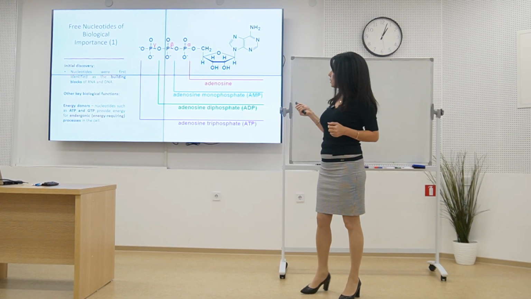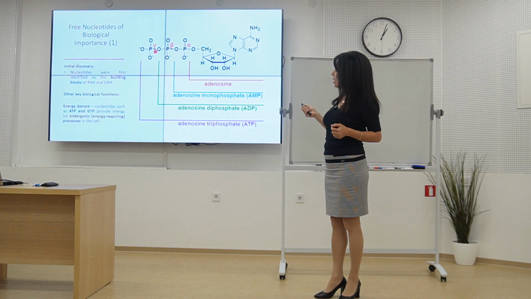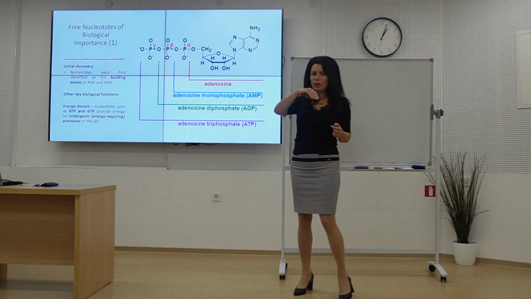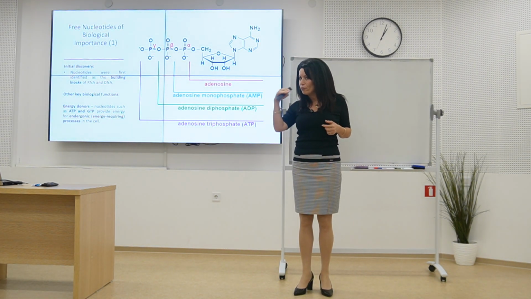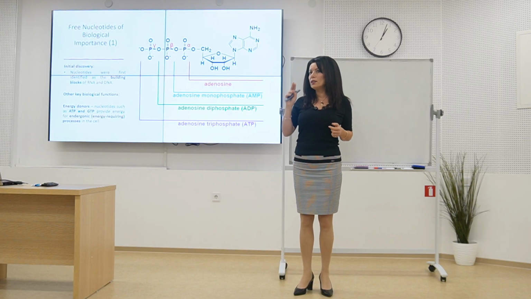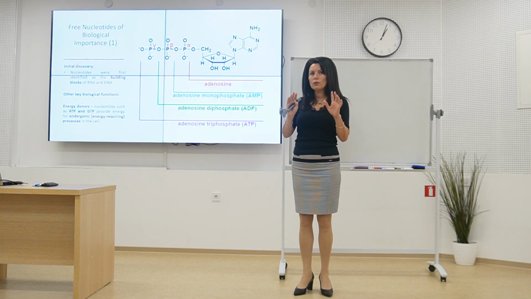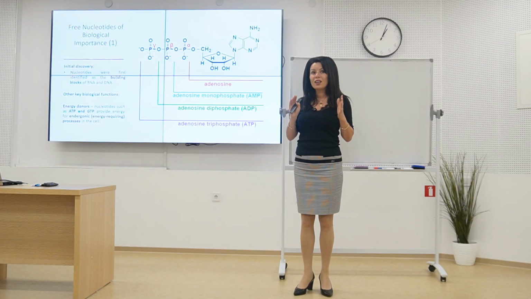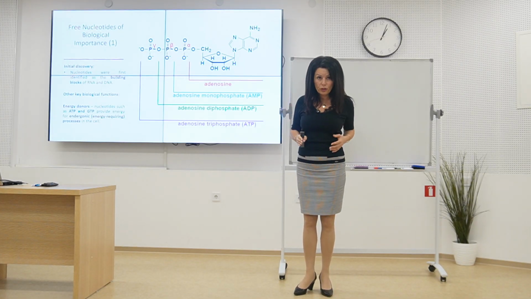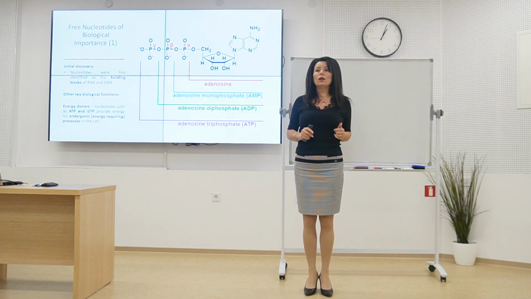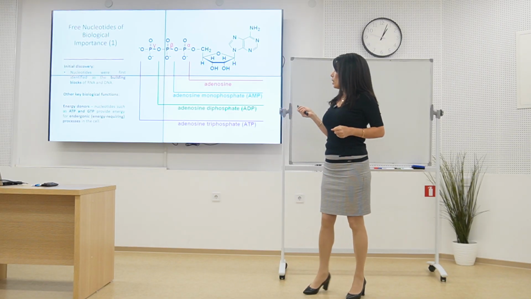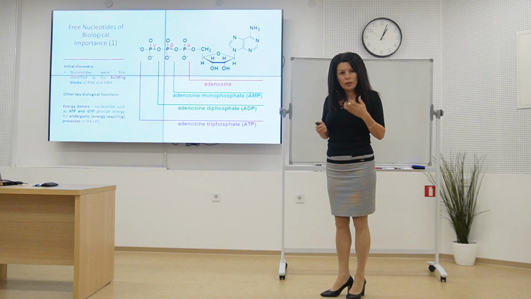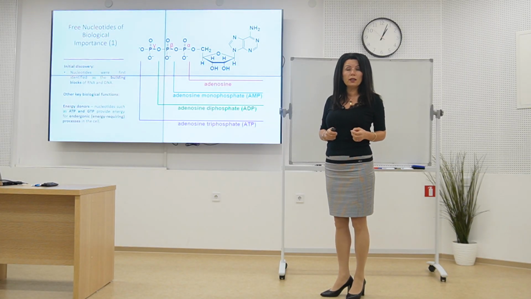Can you see that beta and gamma are noted with a specific symbol like a wave? This symbol means that both of the bonds are high energy bonds, both of them. The other word is macroergic bond. That's why the main role of this free nucleotide is energy donor.